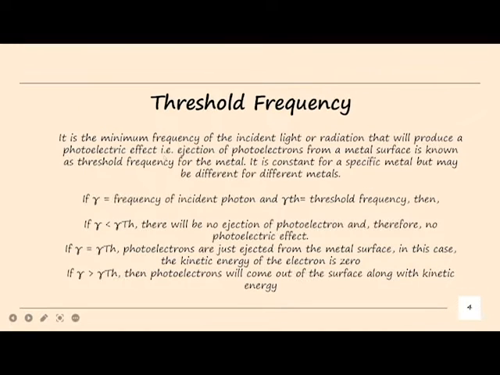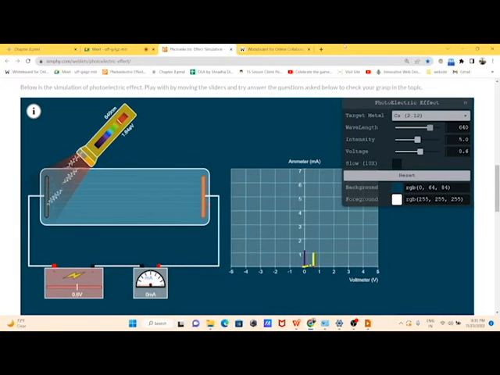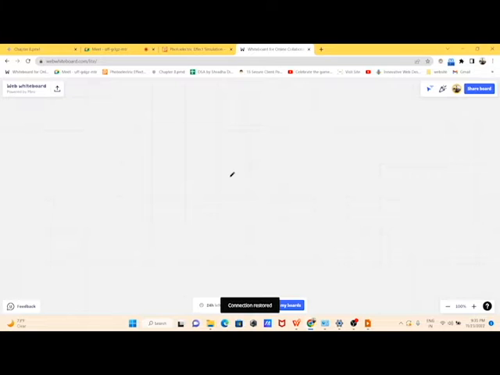Nice. Now we'll talk about threshold frequency. What is the energy of a photon? This is h. Sorry. Energy of a photon, how much is that? hf, right.